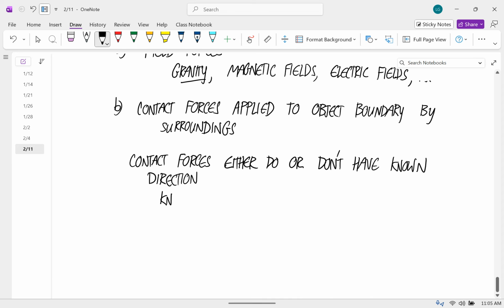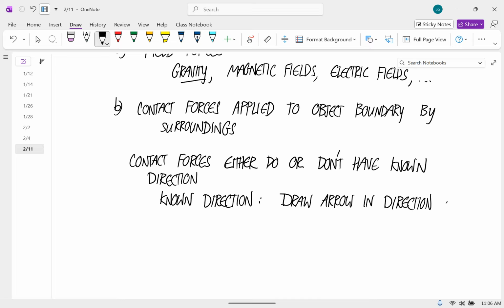For a known direction, draw an arrow in the direction that the force acts or the load acts, and label it with a scalar value or variable.